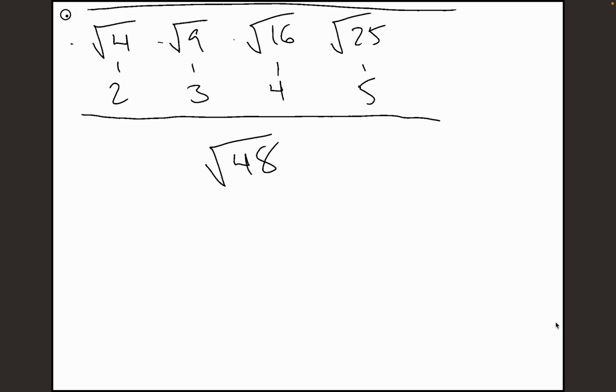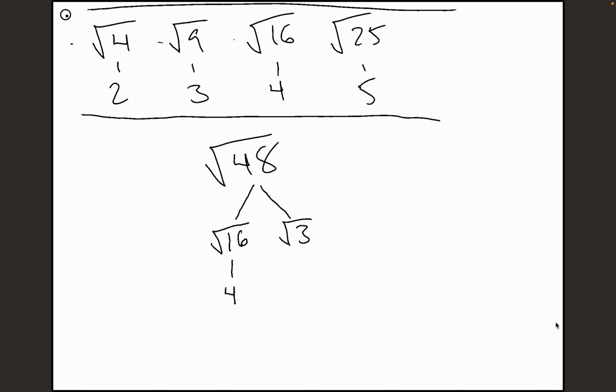When we do this, you want to make a little tree, and we have to have two numbers that multiply to get 48. So we get square root 16, and we have to remember to put the square root, and then square root 3. You've got to remember to put your square roots or it might throw you off. Now, can we simplify either of these? Which one? What is the square root of 16? 4.